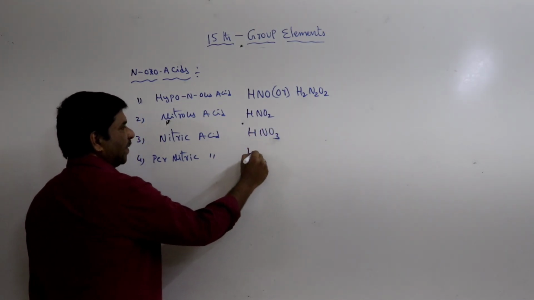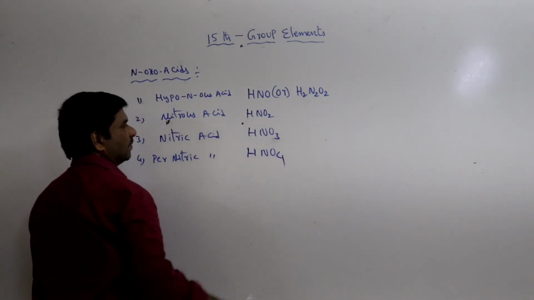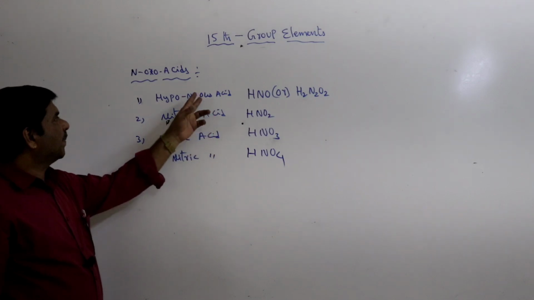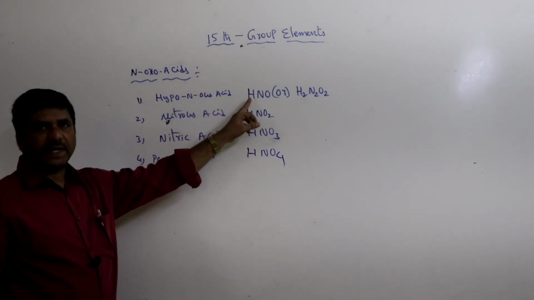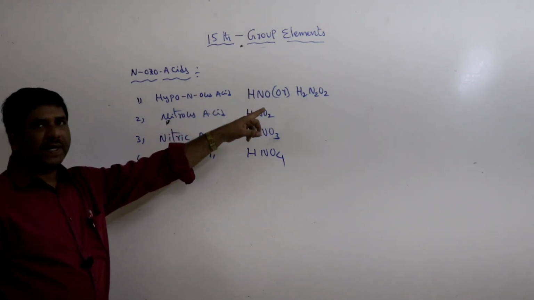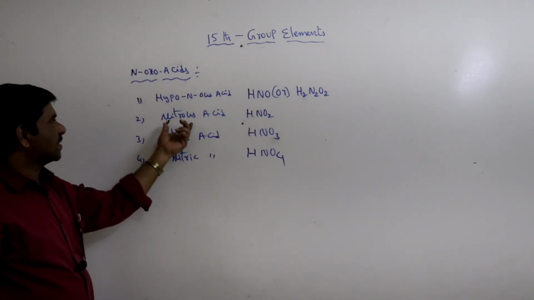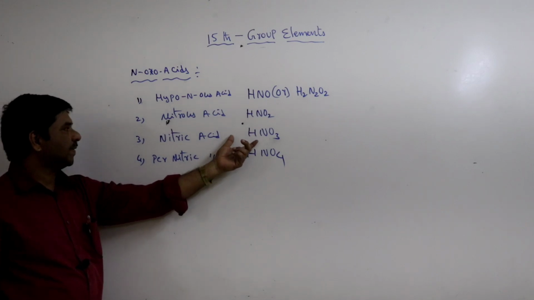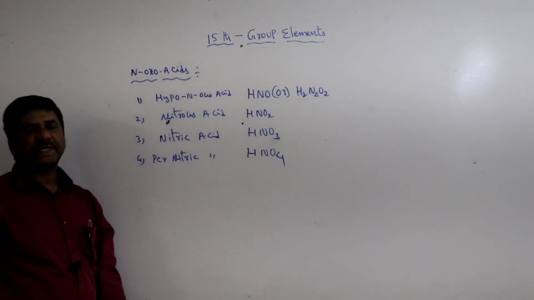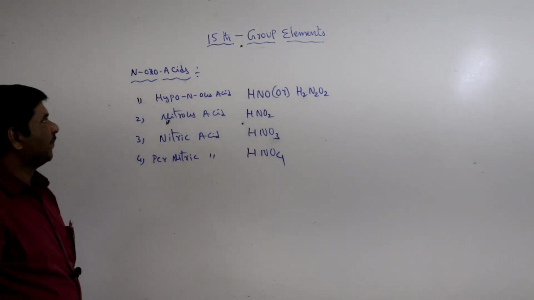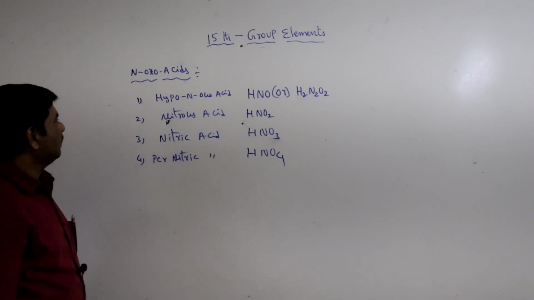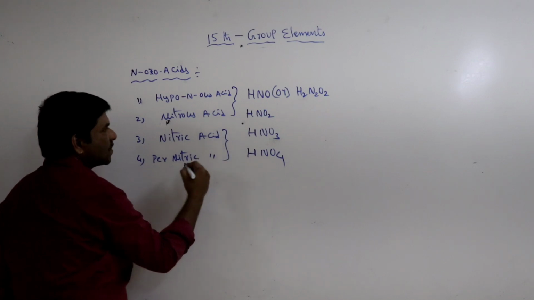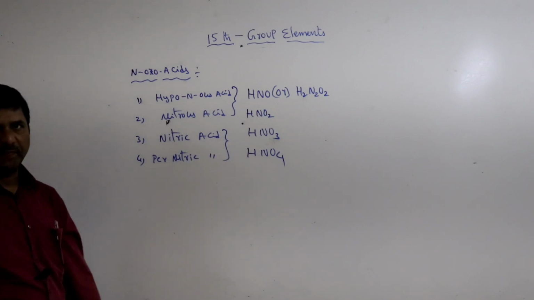Pernitric acid formula HNO4. Hyponitrous acid HNO or its dimer H2N2O2, nitrous acid HNO2, nitric acid HNO3, pernitric acid HNO4. Of these, the first two are the "-ous" acids, and the last two are the "-ic" acids.